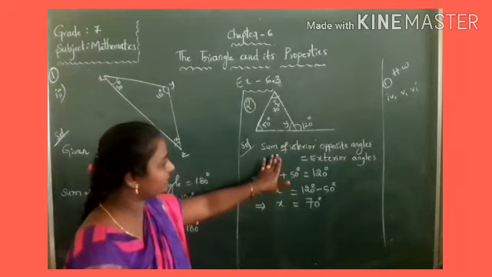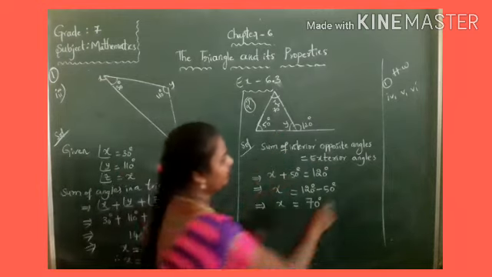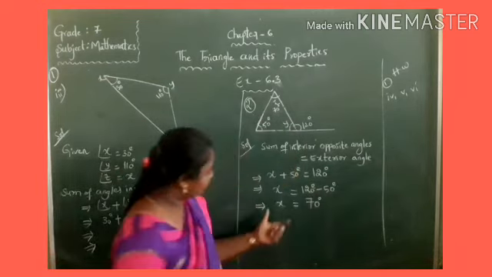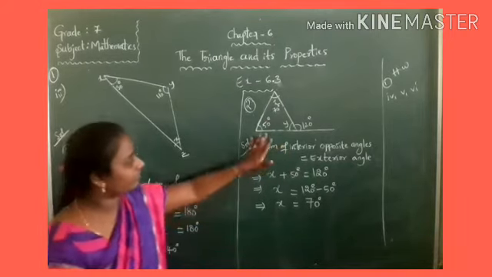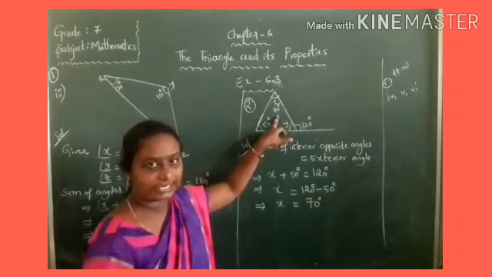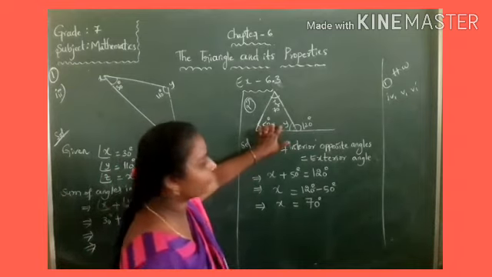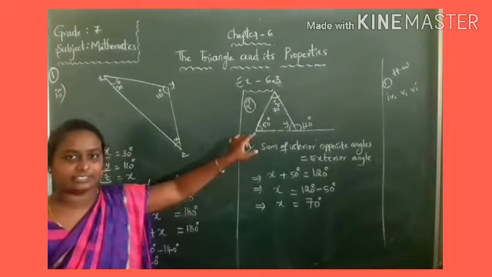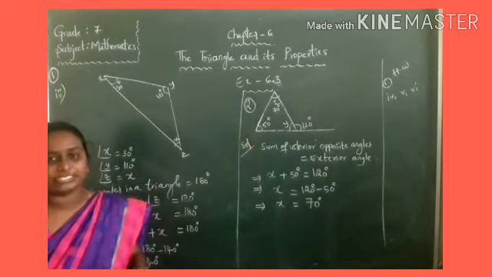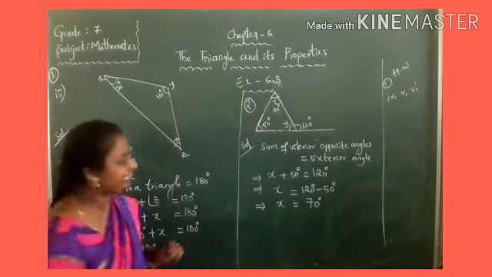By using exterior angle, you found here the x value. Now we know one angle, so you have to find only one value. How can you find that one? Very good, by using angle sum property.